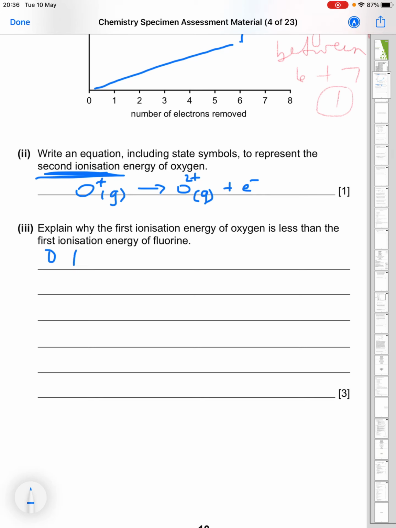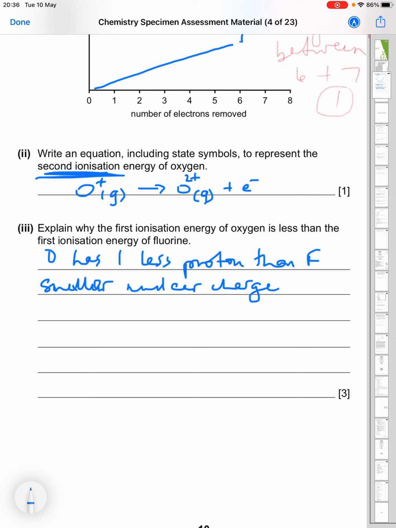So the oxygen has 1 less proton than fluorine, so it has a smaller nuclear charge. So that's the oxygen has a smaller nuclear charge than the fluorine. So you would get 1 mark for saying that.